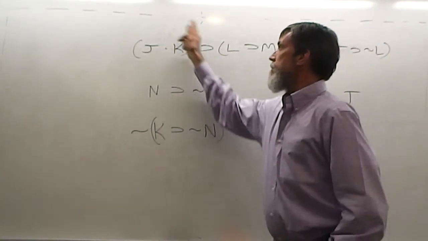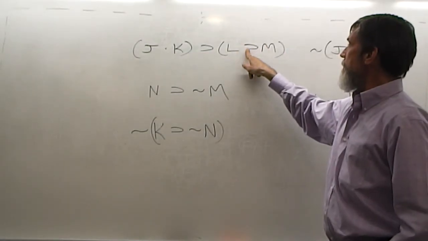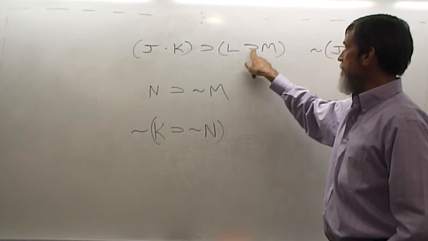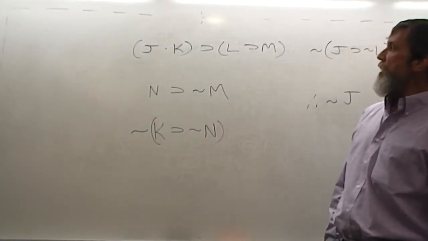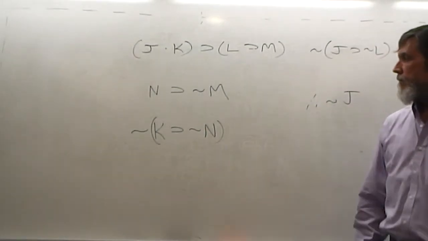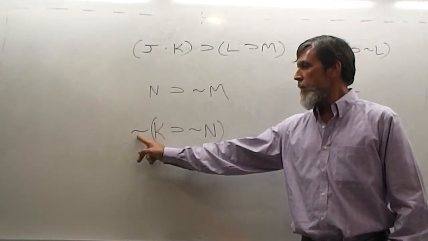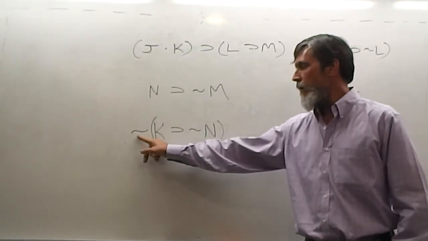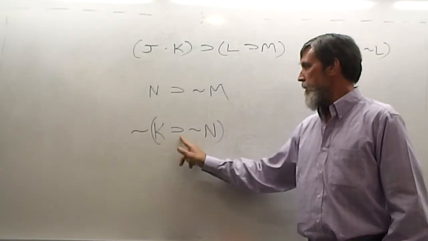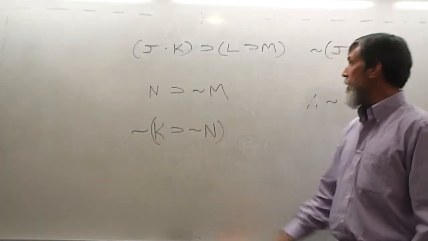So if both J and K, then if L, then M. Yep, if both J and K, then if L, then M. How about this one? It's not, right? Go. Oh boy. Not if K, then not M. That one's easy.